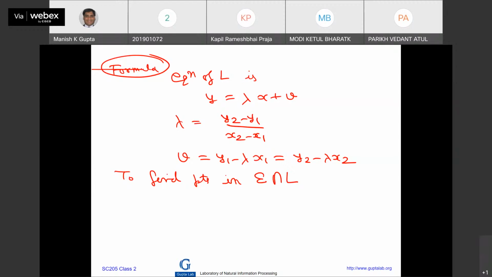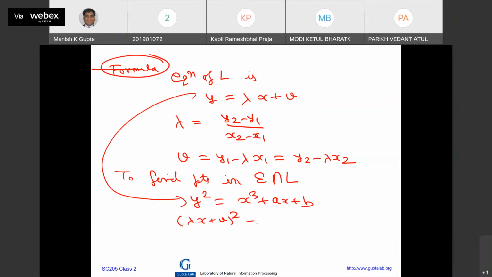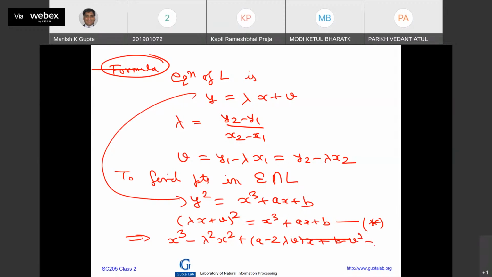The equation of the elliptic curve is y square is equal to x cube plus ax plus b. I can substitute this value of y here. This will be (lambda x plus v) whole square is equal to x cube plus ax plus b. I can call it equation star. This gives us an equation in x: x cube minus lambda square x square plus (a minus 2 lambda v) x plus (b minus v square) is equal to 0.